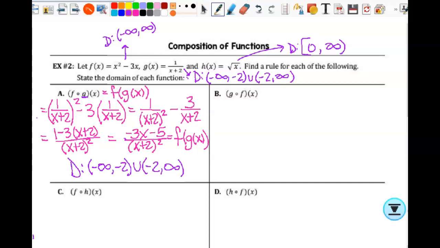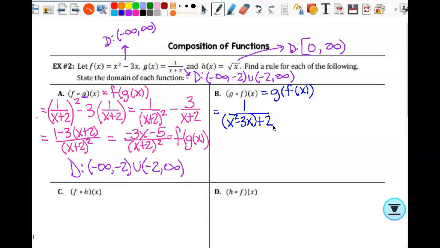Okay. So now let's look at g of f of x. Right? So g of f of x. And let's put that in here. So f of x is going in g of x. So this is going to be equal to 1 over, instead of x, I get x squared minus 3x, and then plus 2.